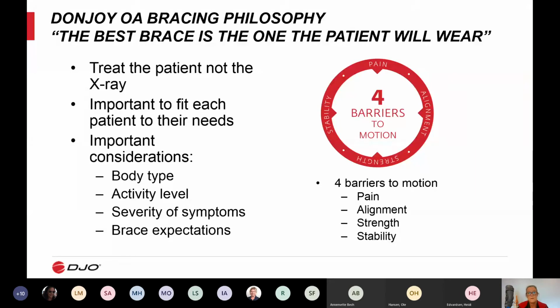For example, we have our Dr. Comfort shoes where you can put in an insole to make alignment from the foot up. We have electrical stimulation if the patient has difficulty moving the muscles. We have our braces to give a better alignment in the knee, and all that results in less pain.